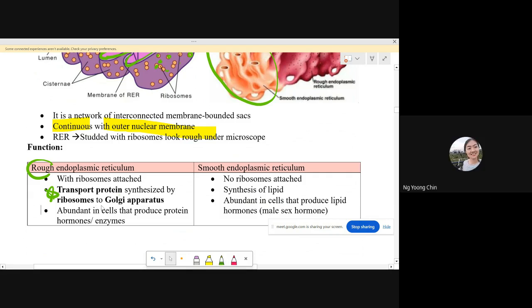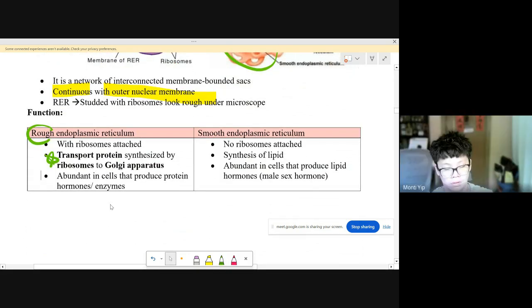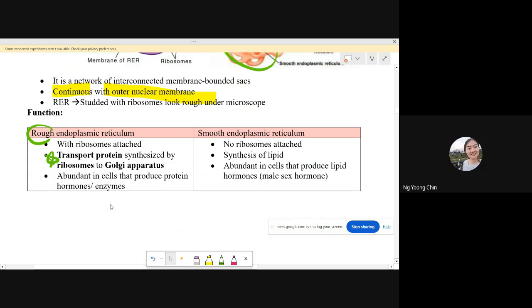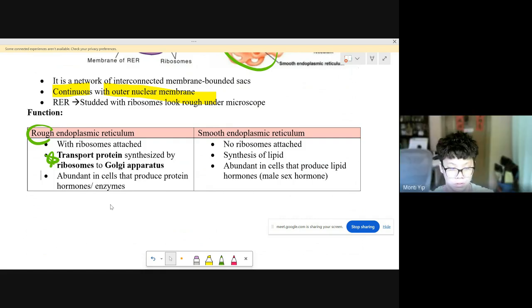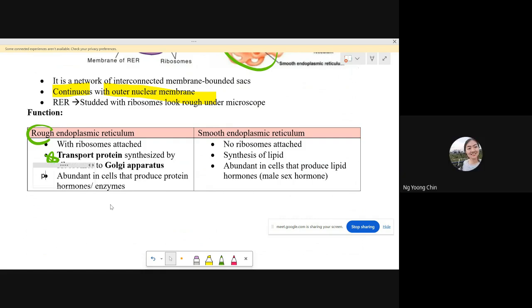So when you talk about protein, I'm not sure you realize that a lot of the products inside our body are made of protein. For example, we call them protein products. Examples of protein products in our body are enzymes.